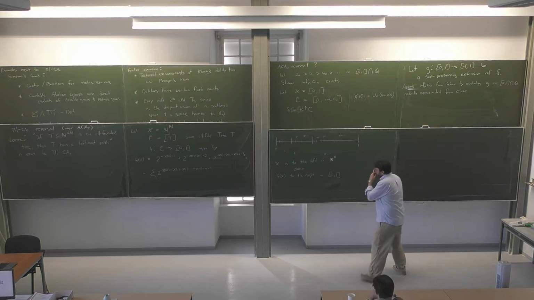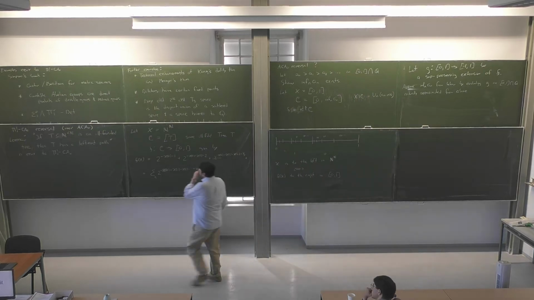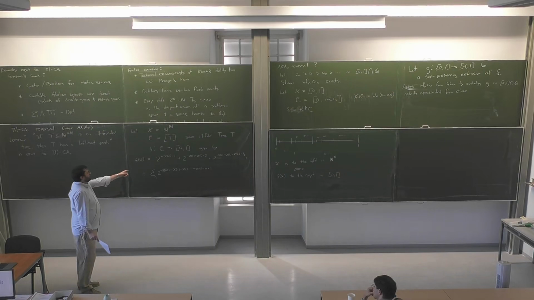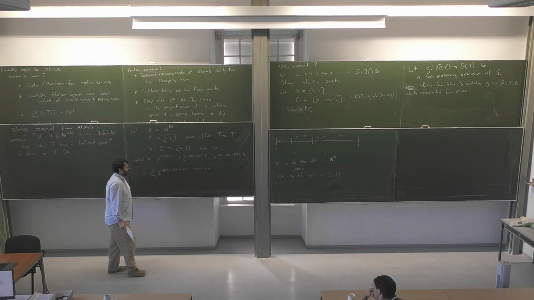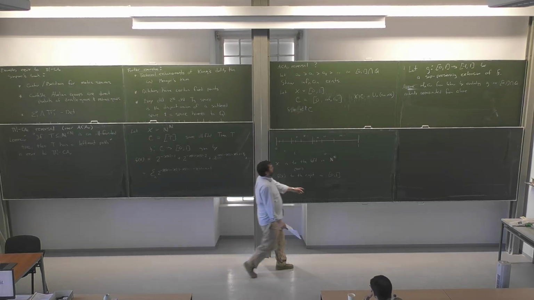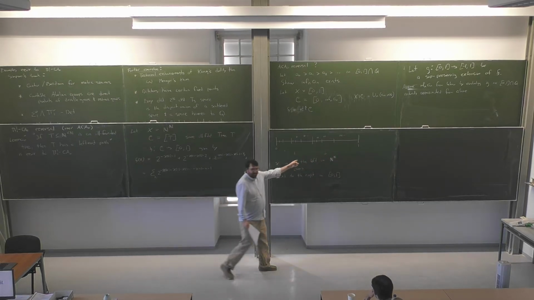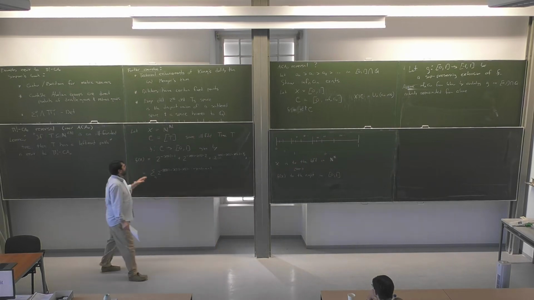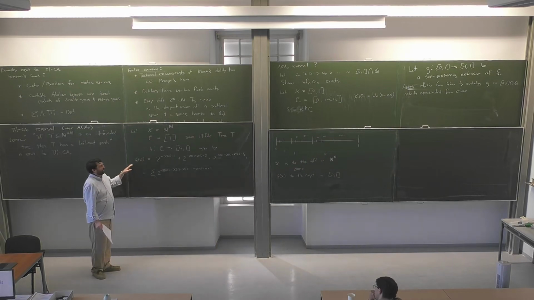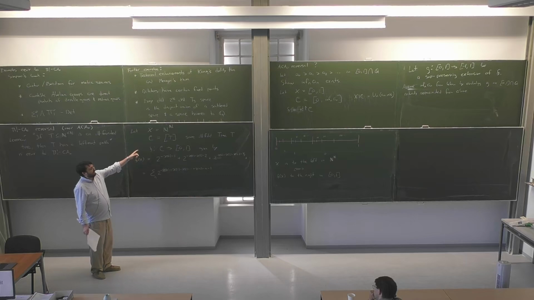So finding the leftmost path in my tree is reflected over here as finding how far right can I go. So what's the sup of f of x on my closed set?